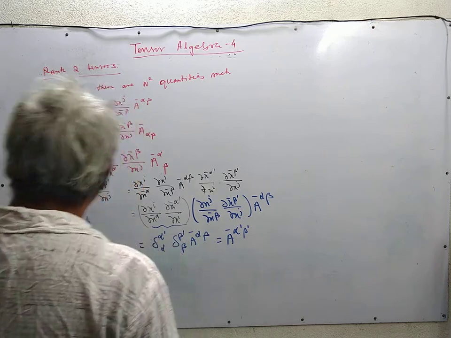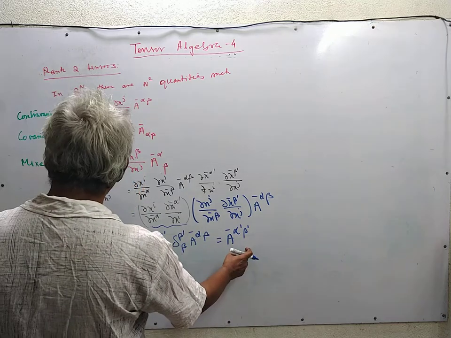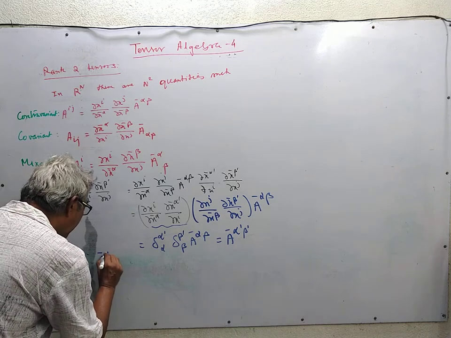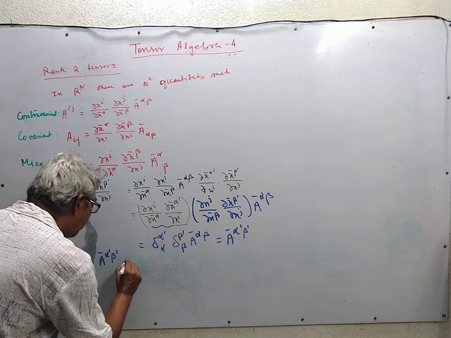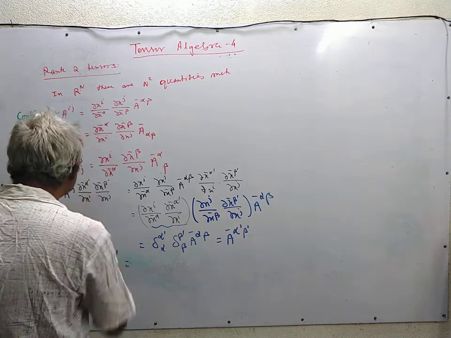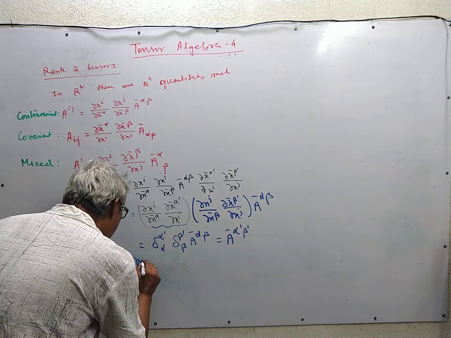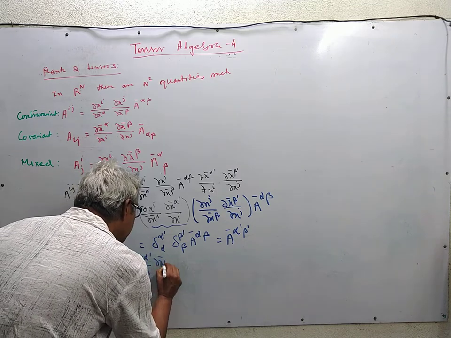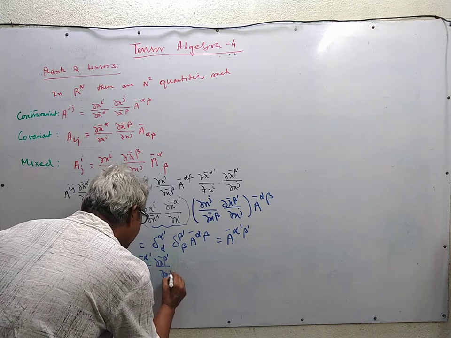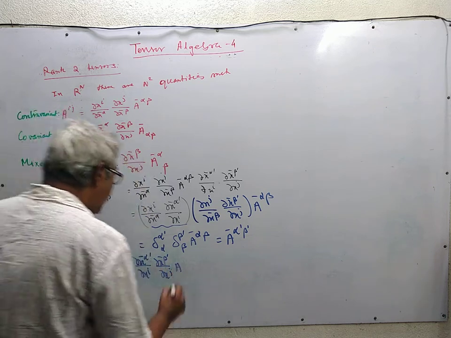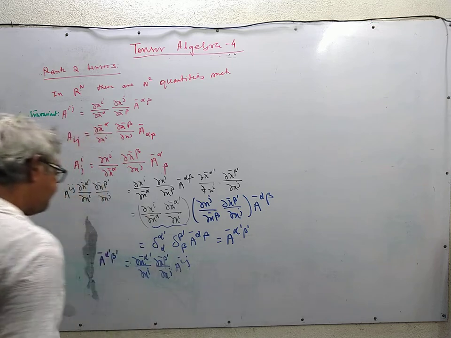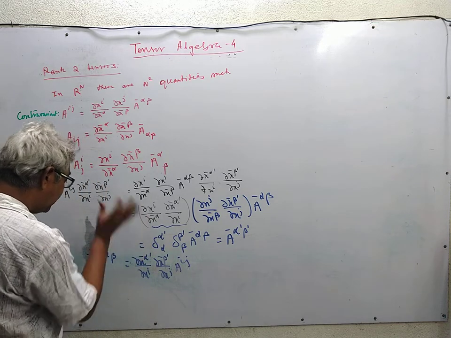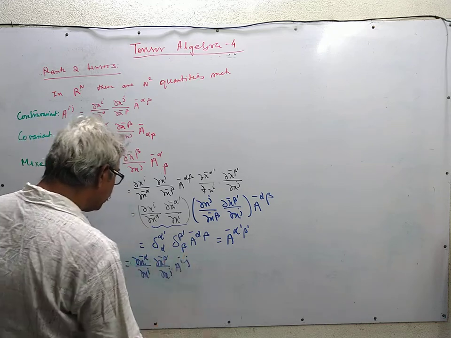If we replace the dummy indices in the final expression, we write it as a bar alpha prime beta prime is equal to del x bar alpha prime del xi del x bar beta prime del xj a of ij. Now the dummy indices, we can change.